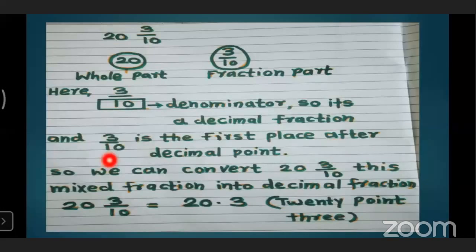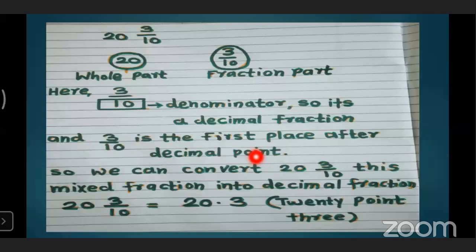So we can convert this mixed fraction into a decimal fraction this way. 20 and 3 upon 10 is equal to 20.3. Okay, 3 upon 10 is the first decimal place, so the decimal point goes before it because 3 is at the first decimal place.